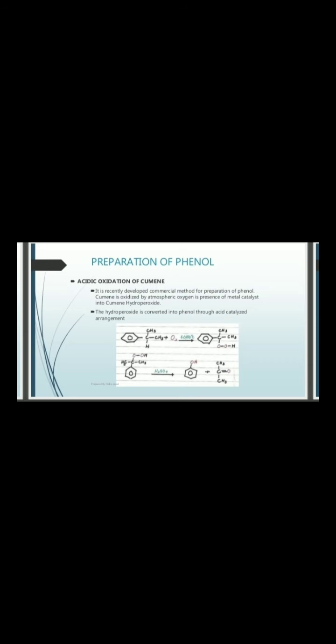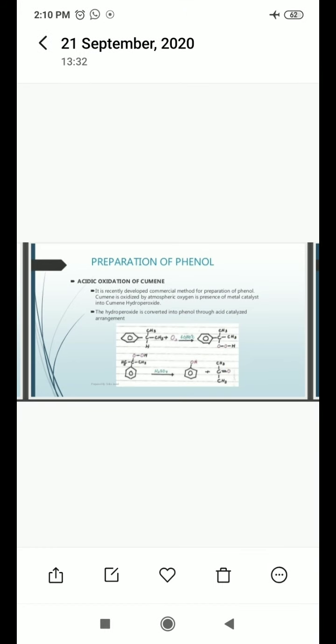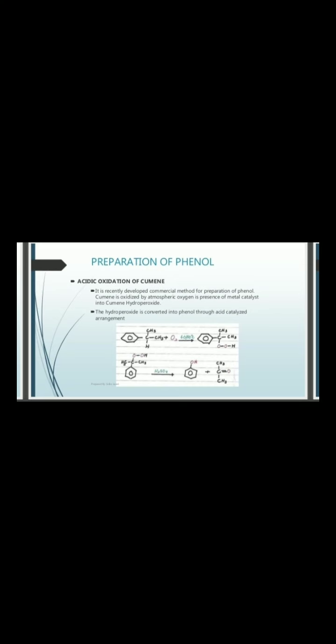Why hydroperoxide? Because the atmospheric oxygen reacts with cumene, forming cumene hydroperoxide. Then this hydroperoxide is converted into phenol through acid catalyzed rearrangement, in the presence of an acid such as H2SO4 or HCl. With the help of this acid catalyzed rearrangement, we get our desired product, phenol.